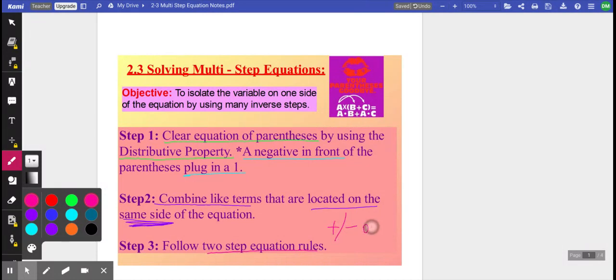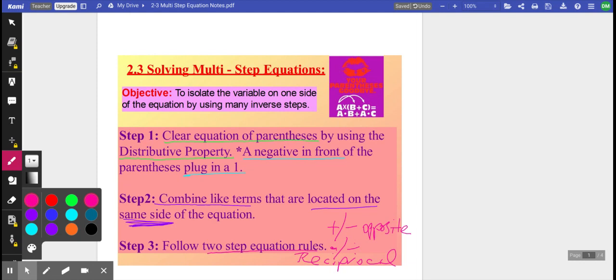We call that the opposite. And then we do the multiplication or the division. And we were using the reciprocal, specifically in the placemat activity where you had fractions as coefficients.